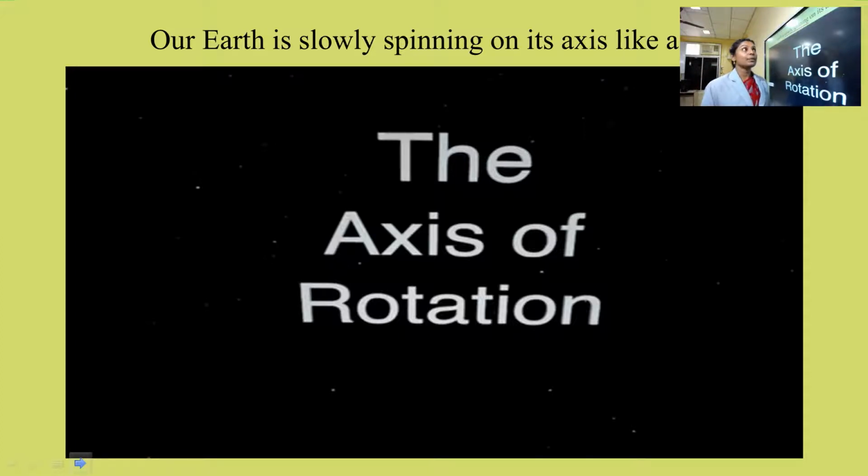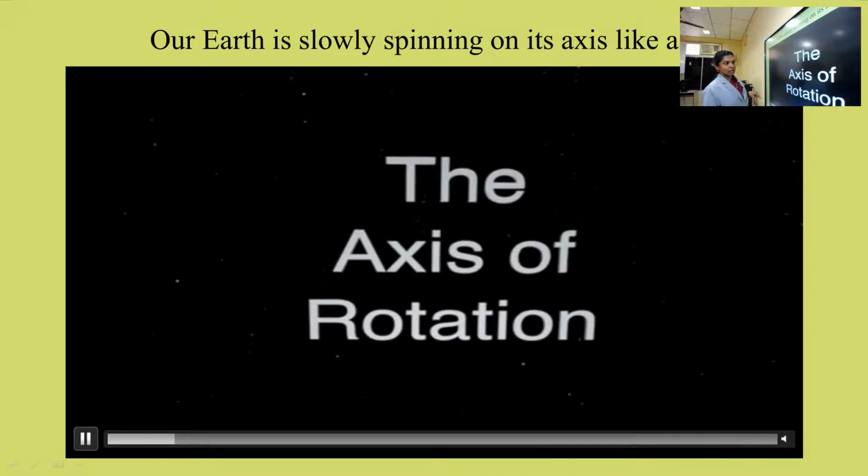Another example is the fan. The fan is not jumping here and there. The blades are moving, spinning. So our earth is also spinning on its axis like a top.